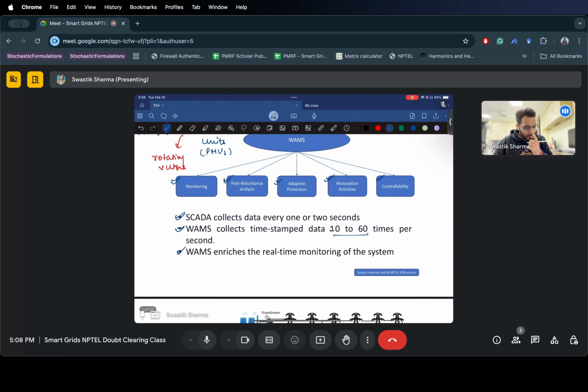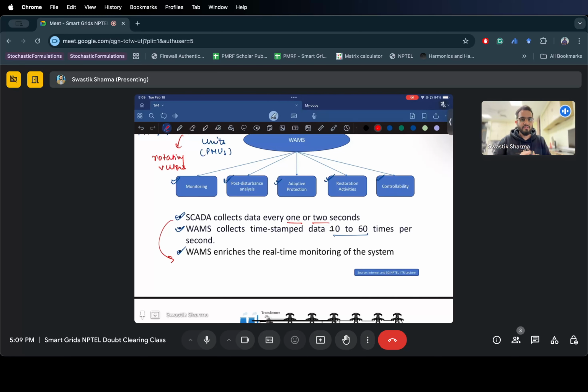Now, one important thing that I want to mention here is that SCADA collects data every 1 or 2 seconds, right? So the resolution is very low. You have to wait 1 or 2 seconds to get the state of the system.